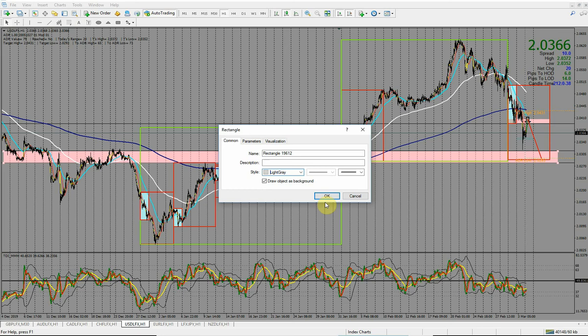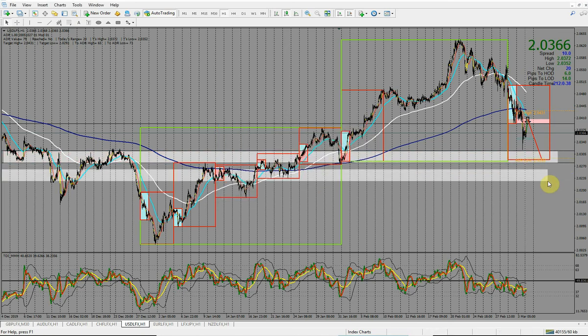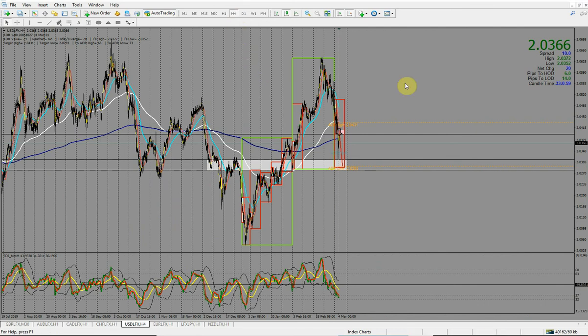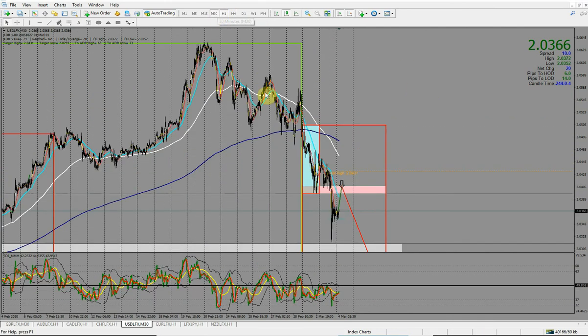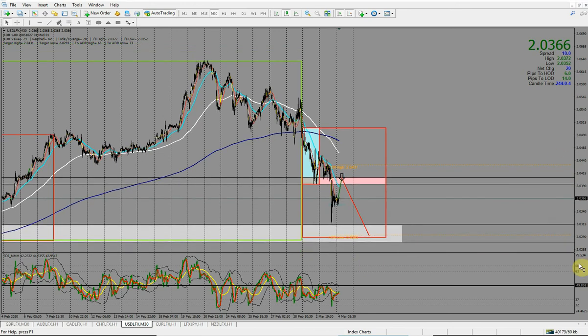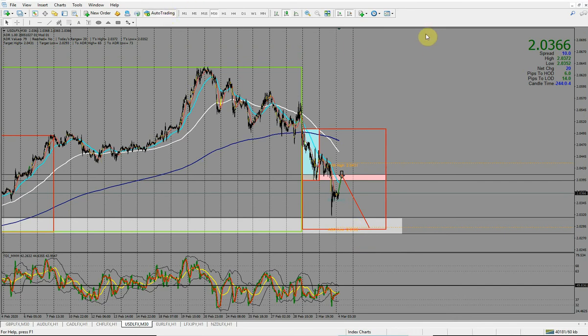I'm gonna use light gray there. 4 hours. So there's an area that we'll be interested in taking our position. If ever we take a short position here, we're gonna consider taking profits right around that area there. So let me just save that as well.